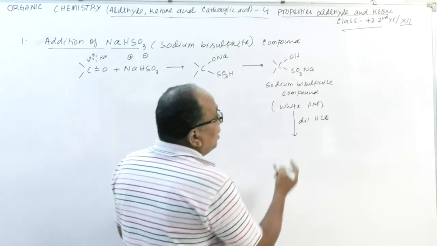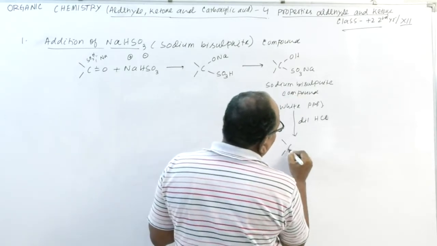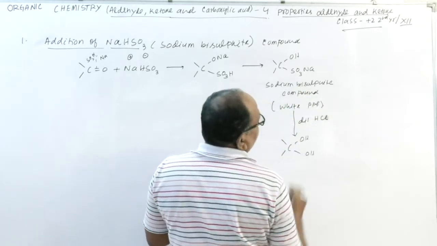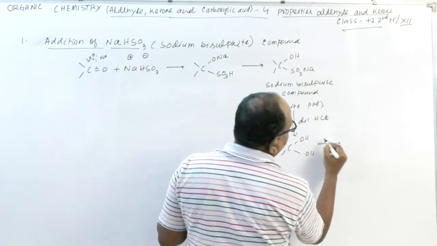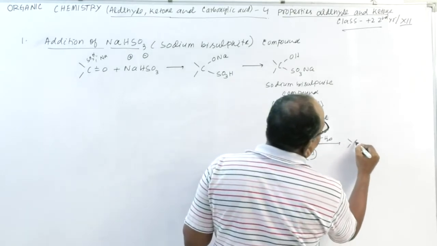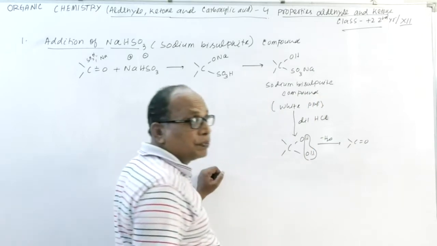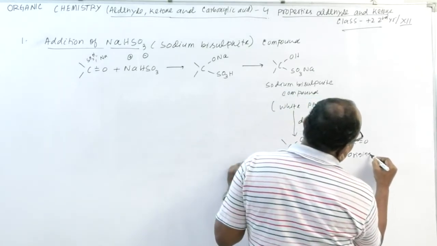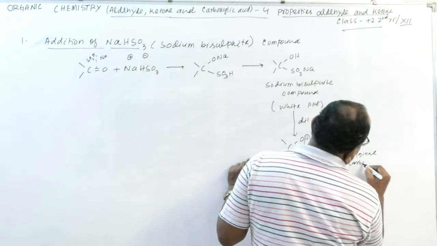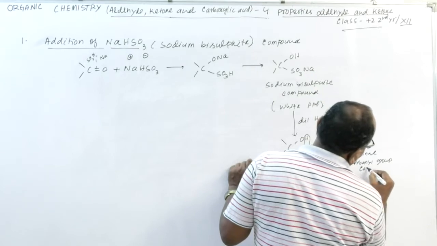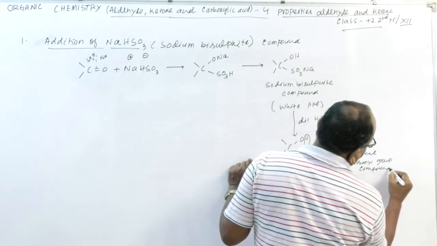That means on acidification, this compound gives OH, and this becomes OH, and it loses a molecule of water, giving you the original carbonyl group compound.